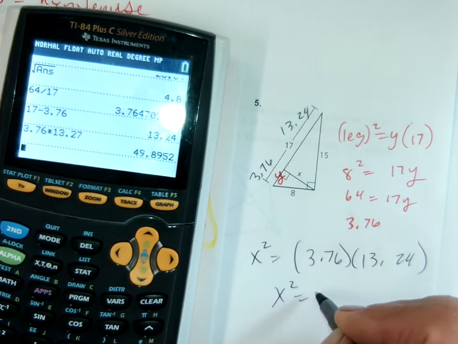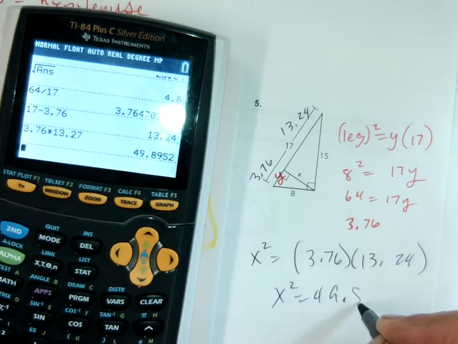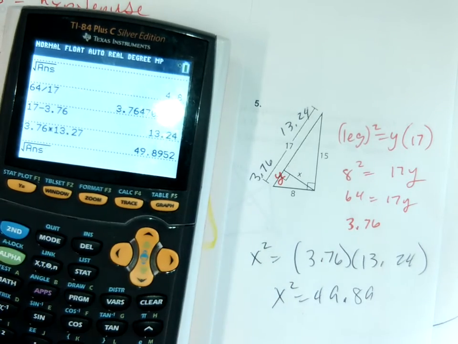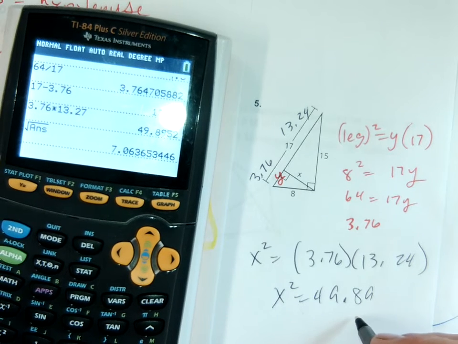X squared is about 49.89, and I'm going to take the square root of that answer, and I get about 7.06, or about 7.